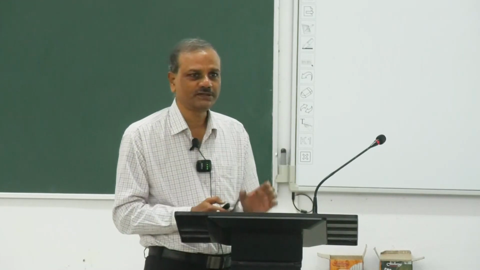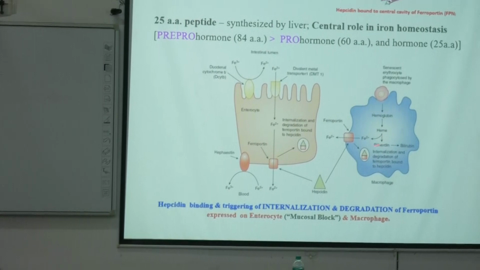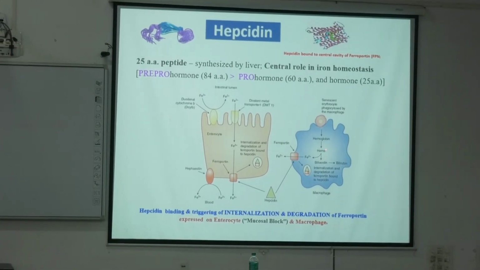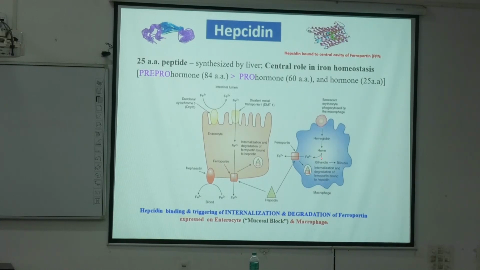Similarly, when the RBC is senescent, meaning old, it is engulfed by the reticuloendothelial cells, and the heme is digested. From that heme, biliverdin is produced, and from biliverdin, bilirubin. Now this iron is again released in the circulation. Now there is a clear iron conserving mechanism.